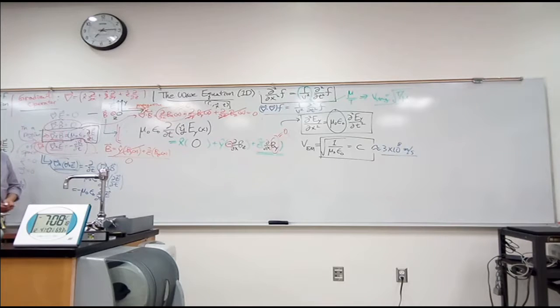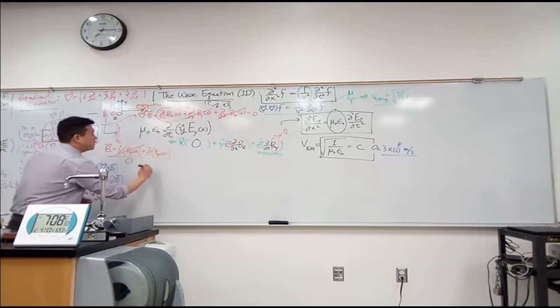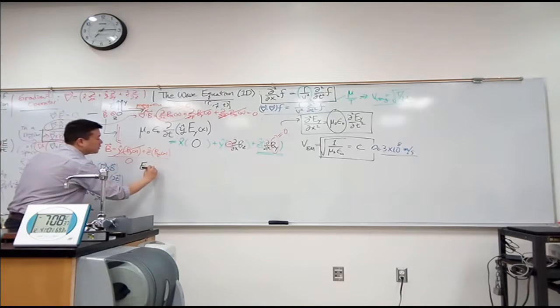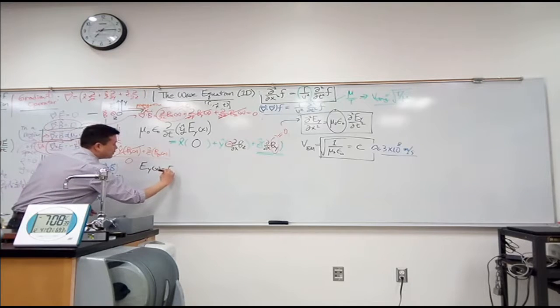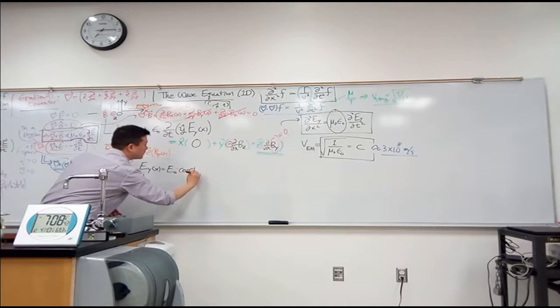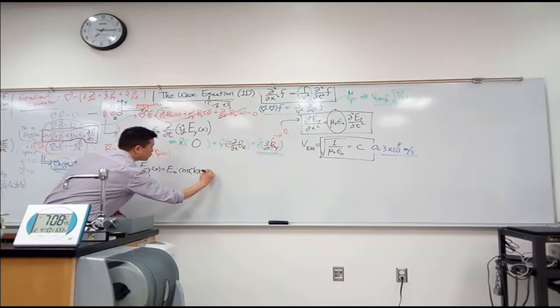I guess the simplest way to show is this. Let me write down a form for electric field and magnetic field as a periodic traveling wave solution. So I might say electric field, the magnitude is amplitude times cosine of kx minus omega t.